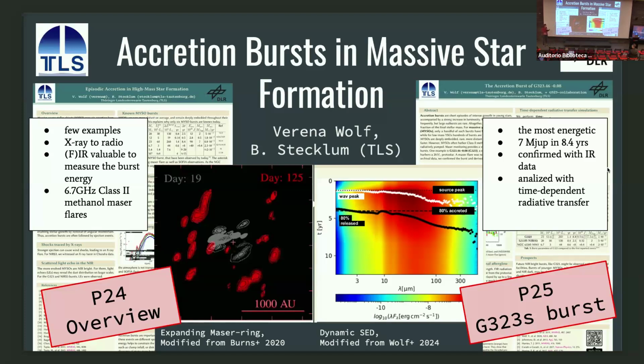And when the disk heats up because of the burst, then the conditions change. And these spots are no longer excited there, but new ones are excited further out. So basically what you can see is how the heat wave passes through the disks. And I think this is really exciting. So if you want to learn more, you can come to the poster.